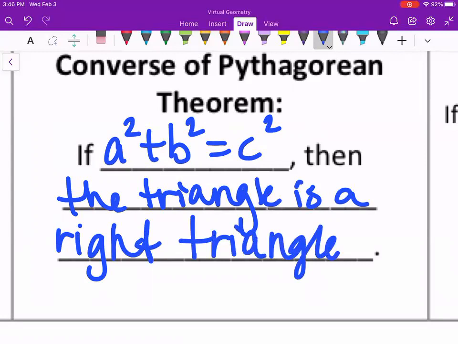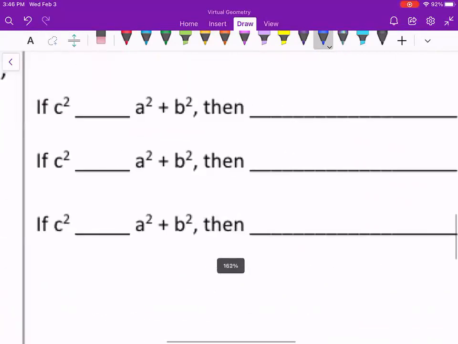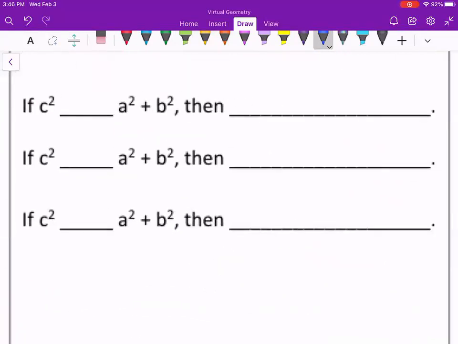Now, you can also use that converse to classify your triangle, to determine if it's supposed to be acute, right, or obtuse. And let's see how that works. Let's look at our 3 variations here. All right, so when our C squared is less than A squared plus B squared, and again, notice C squared is always first.